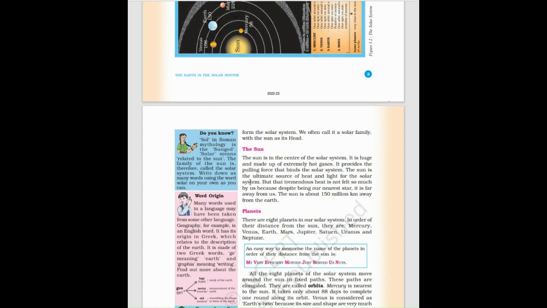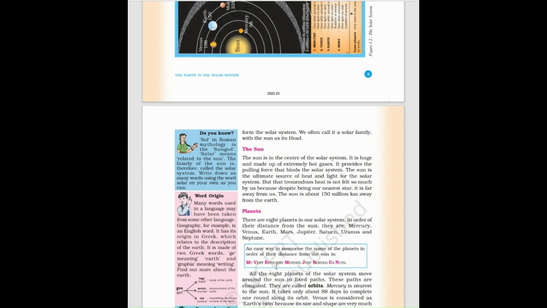Now come on to the next topic, the planets. There are 8 planets in our solar system, as I read earlier: Mercury, Venus, Earth, Mars, Jupiter, Saturn, Uranus, and Neptune. Here they have also given one sentence from which you can easily learn all the names.